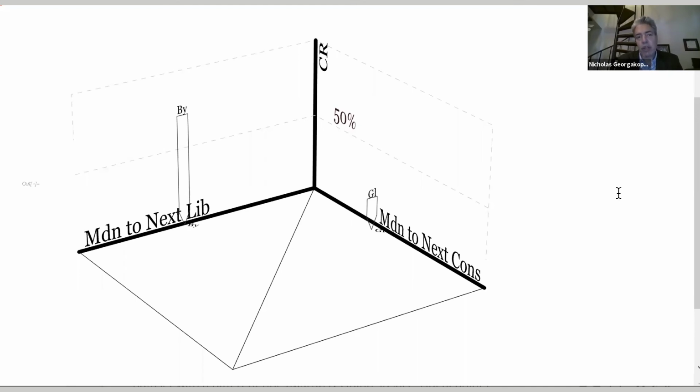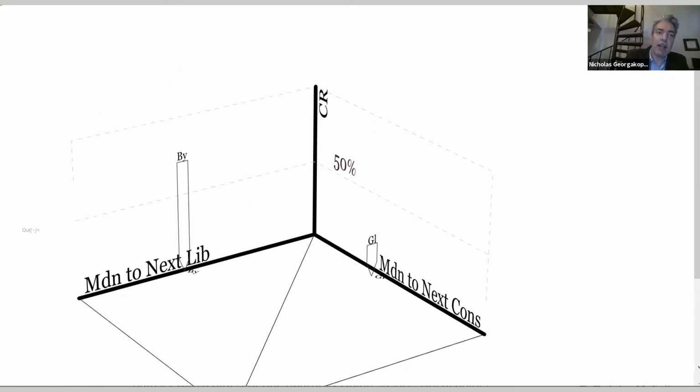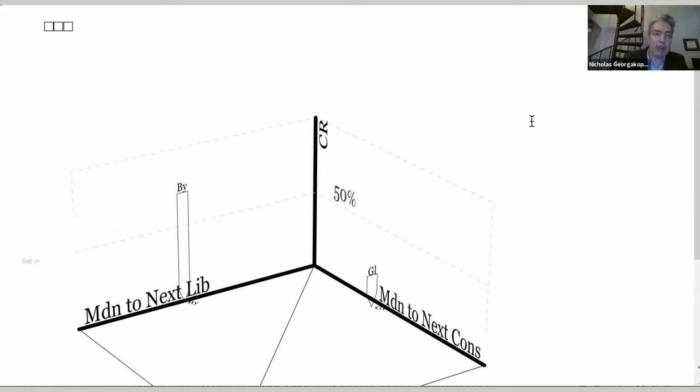Vice versa, when Goldberg was appointed, the distance from the median, who happened to be Goldberg, to the next liberal was very small, but to the next conservative, who was White, was somewhat larger. So once I explain the basics of the graph, because it's dynamic, I can now click on this box to show all the data points.